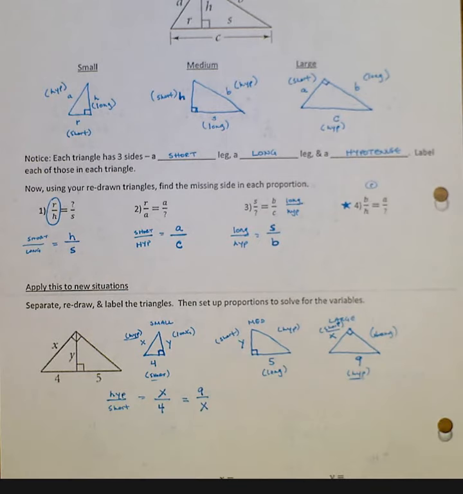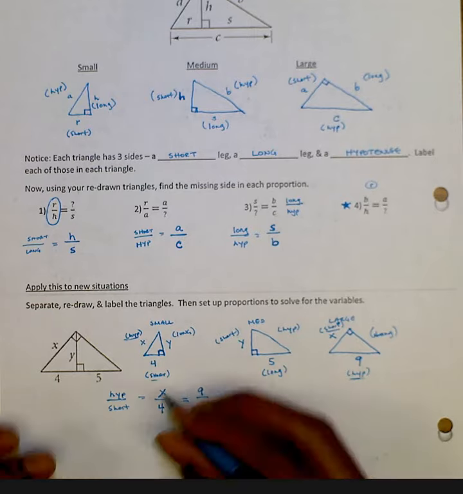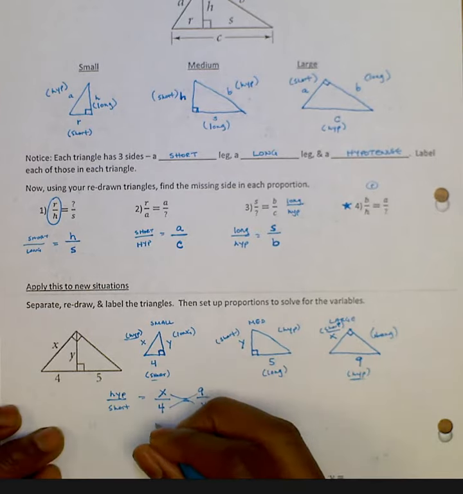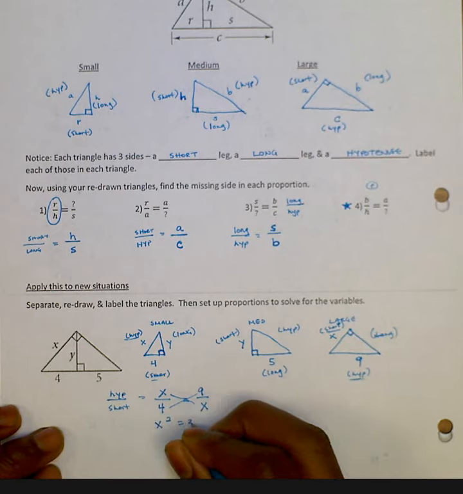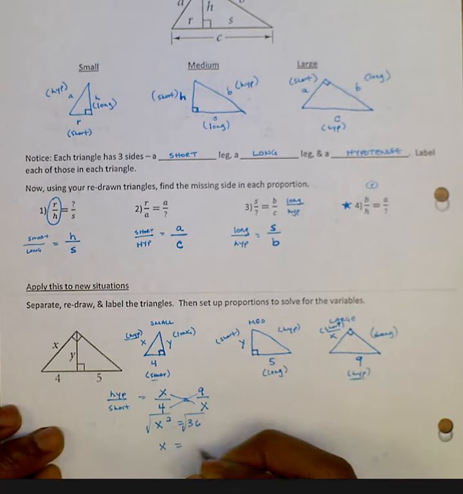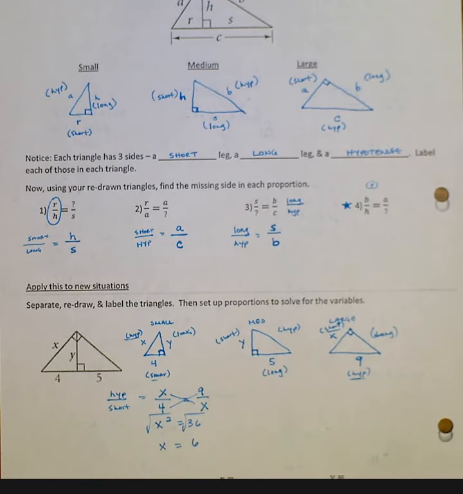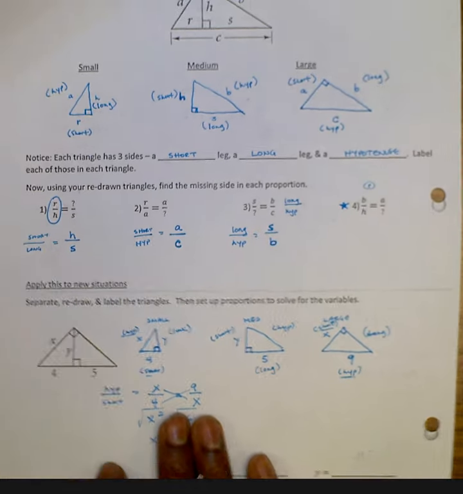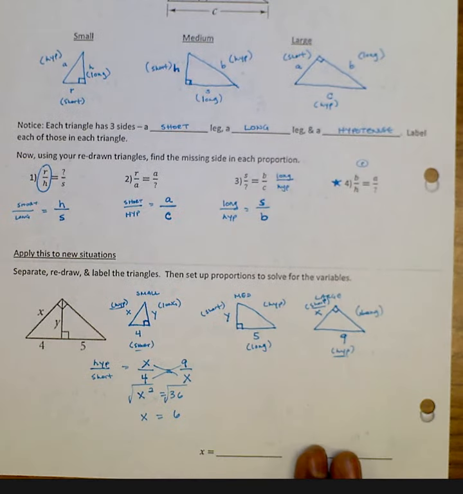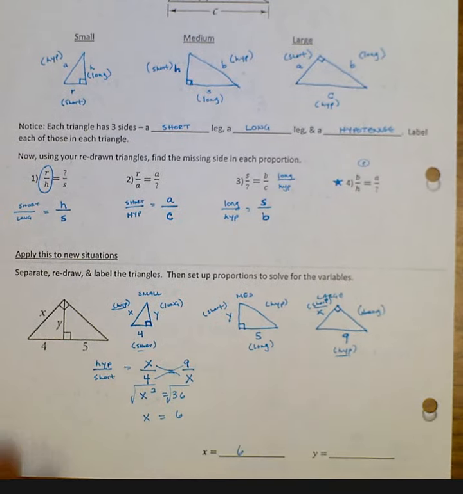Now I have a ratio with just x and some numbers. I should be able to solve this. Cross multiply, x squared equals 36, take the square root, and x equals, we can say plus or minus 6, but in this case we're talking about a side length, and we can't have a negative side length. So x will be just 6.